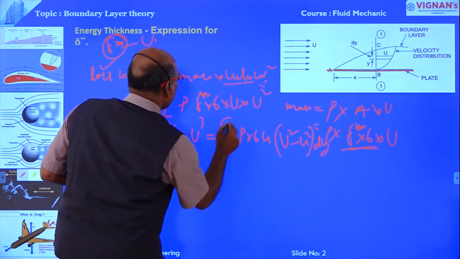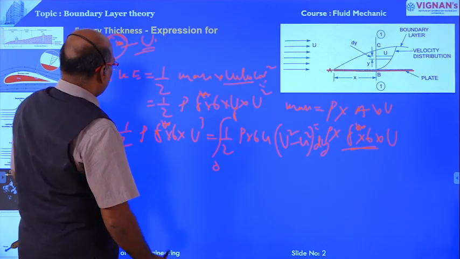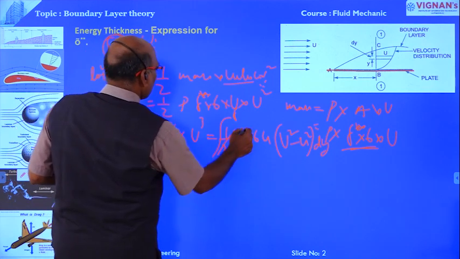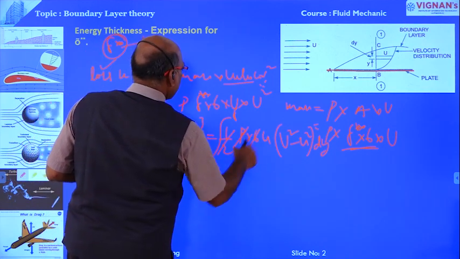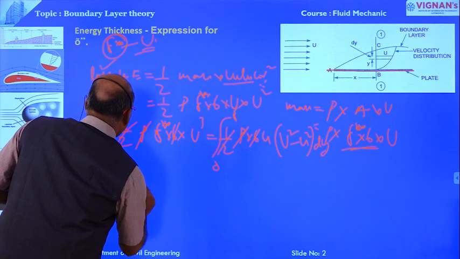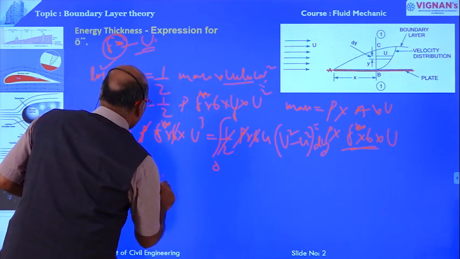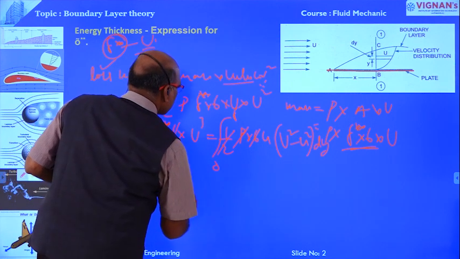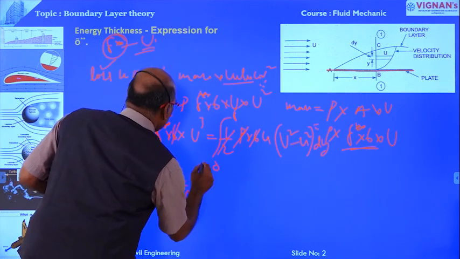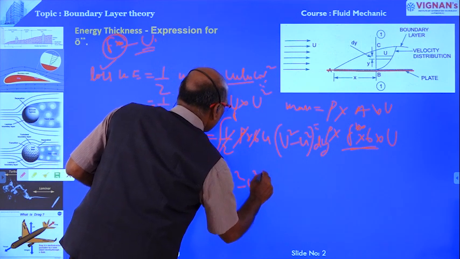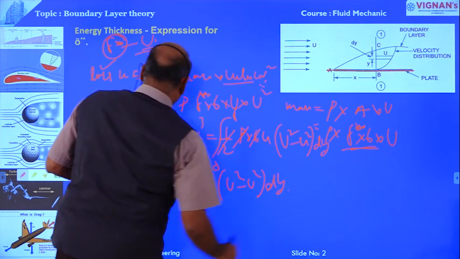Rho is constant and b is also constant. Therefore delta double star, the energy thickness, into capital U cube is equal to the integral 0 to delta of small u into capital U square minus small u square dy.